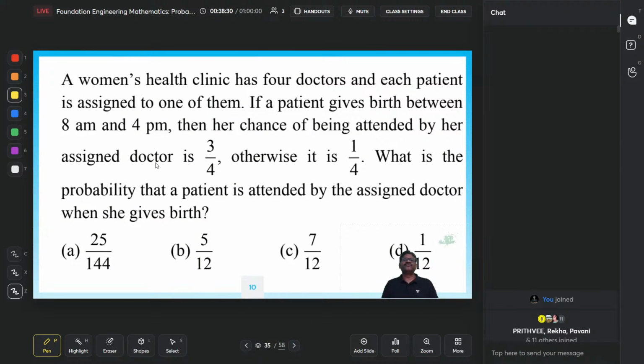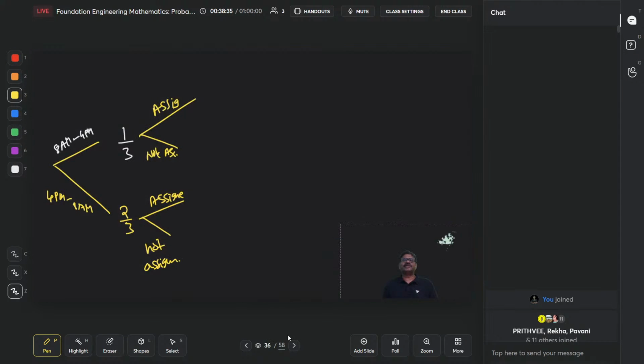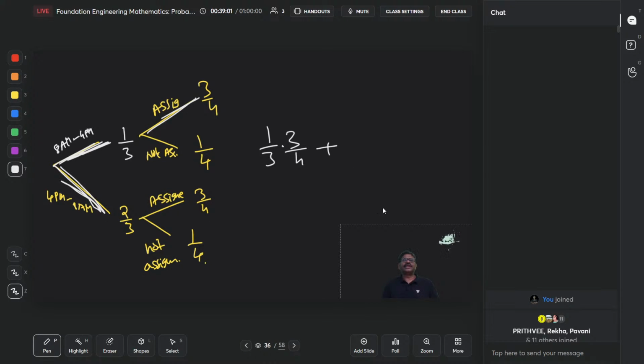Now, 8 to 4, the probability that the case is attended by the assigned doctor is 3 by 4, not the assigned doctor is 1 by 4. What is the probability that the case is attended by an assigned doctor? Now, you have to calculate 1 by 3 into 3 by 4 plus 4 p.m. to 8 a.m., 2 by 3 into, during that time also assigned doctor 3 by 4.